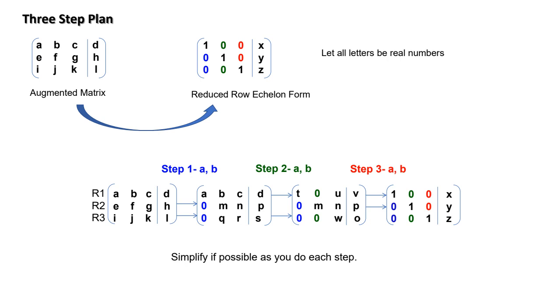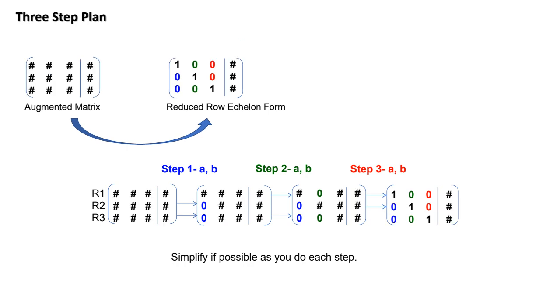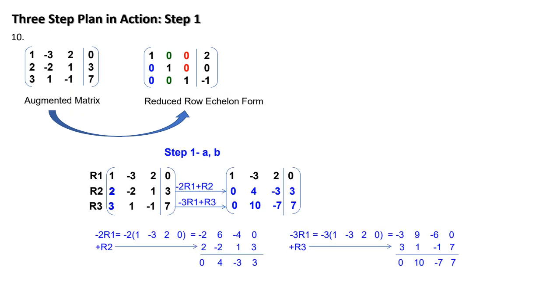But I think the best way to understand it is to do it through the example. So I'm going to skip through these slides, but let me show you how this is done physically with this example.